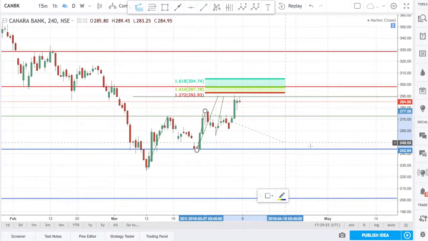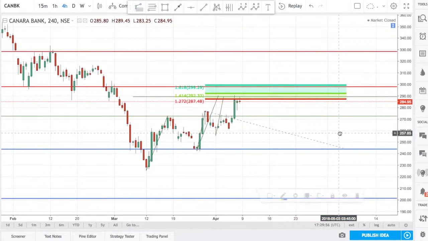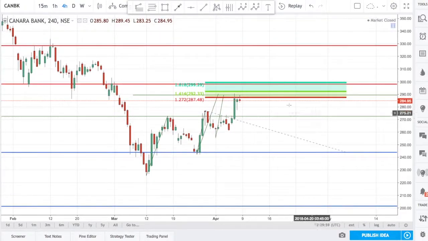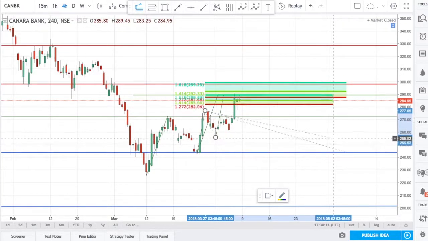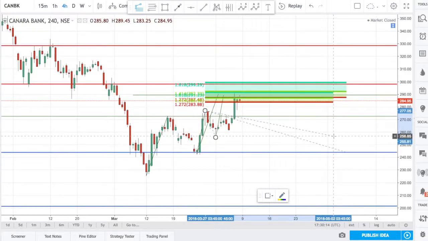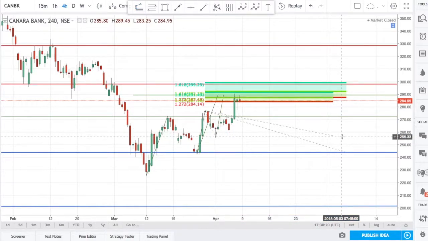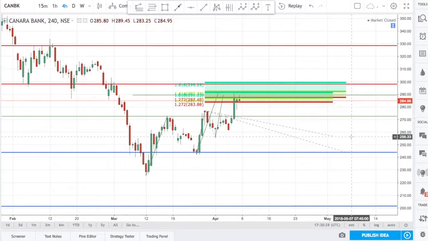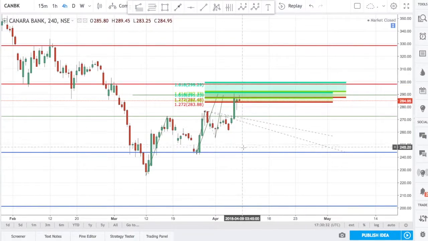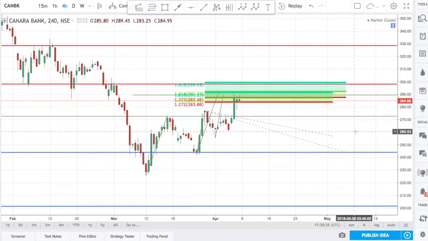From this point to this point, back into this point, we get our Fibonacci extension levels, and from this point to this point and back into this point, we get our next set of Fibonacci levels.